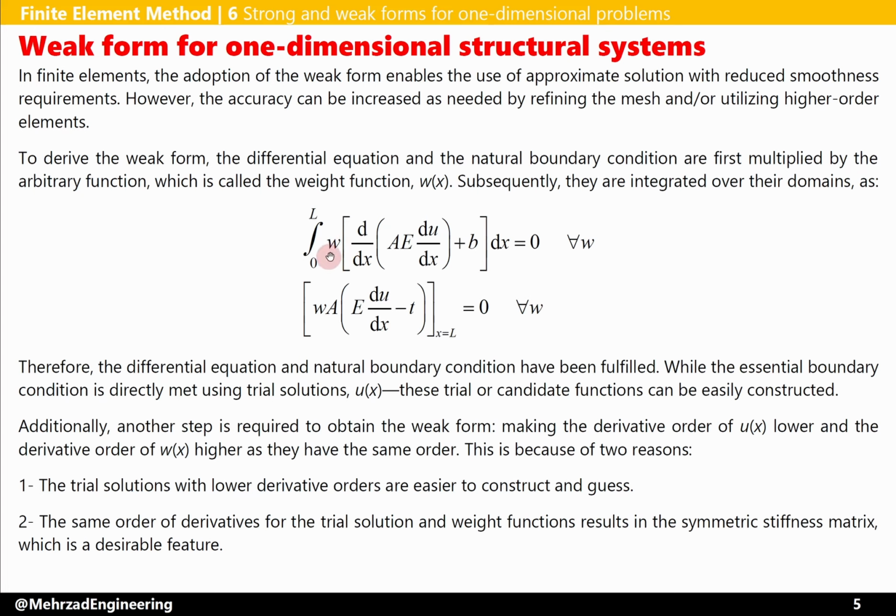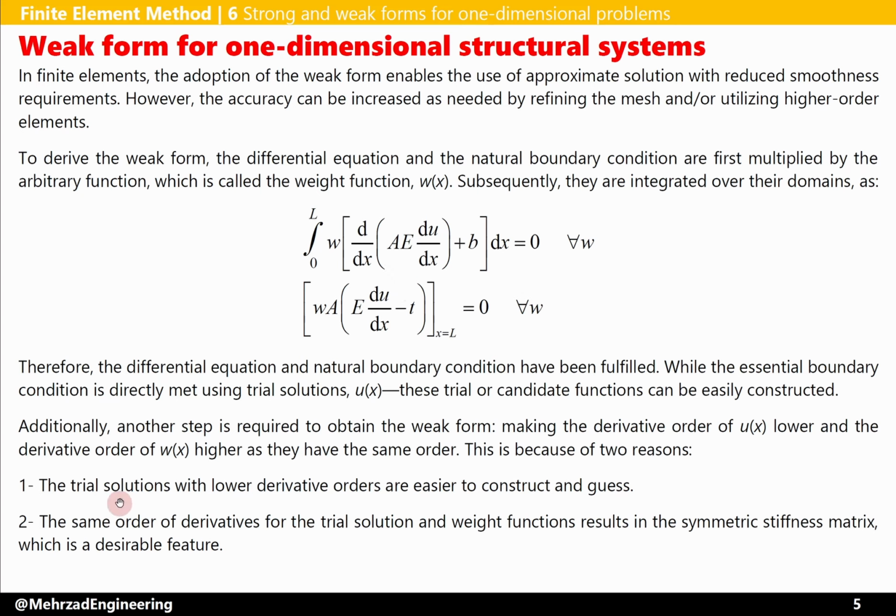But if we refer to w, the derivative order of w is 0. So I want in the next step to decrease the derivative order of u and increase the derivative order of w in order to have the same derivative order for w and u, because of 2 reasons.